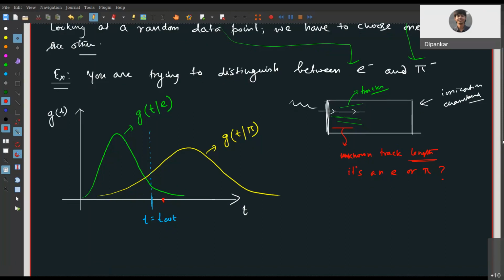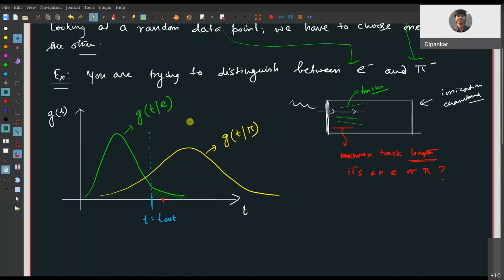There is a finite possibility that even if your t value is greater than t cut, this can still be coming from the electron, that H0 is true.